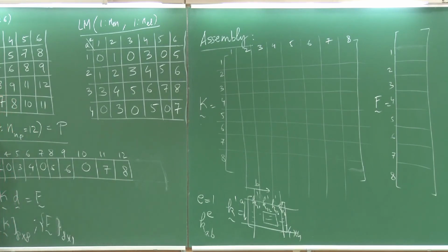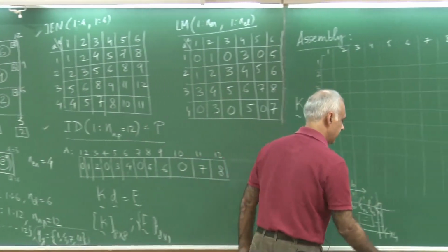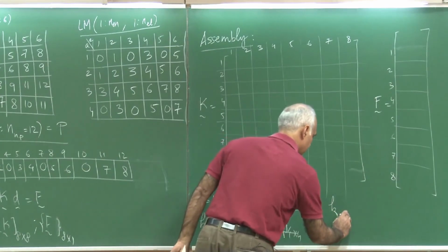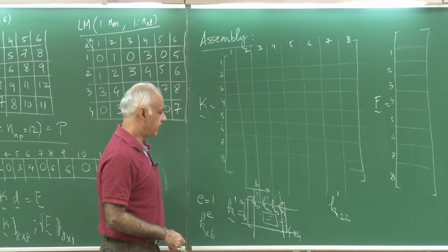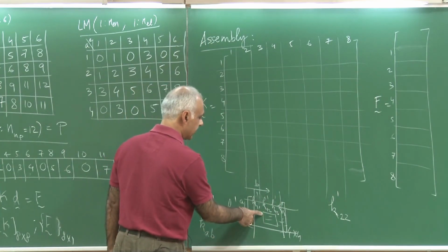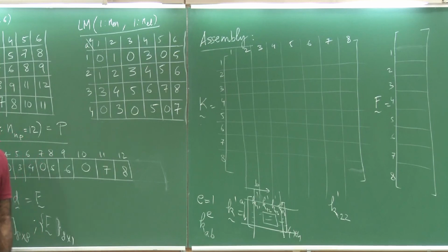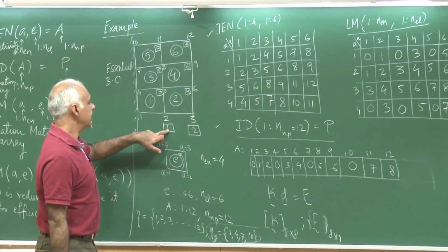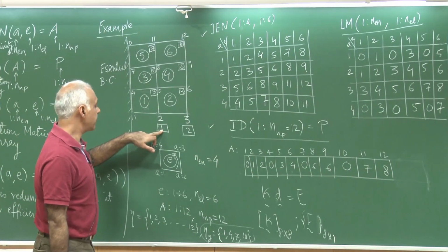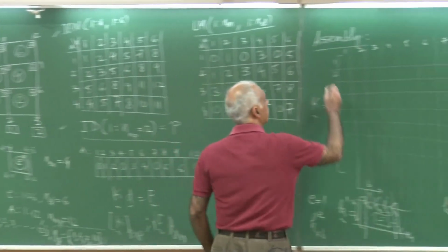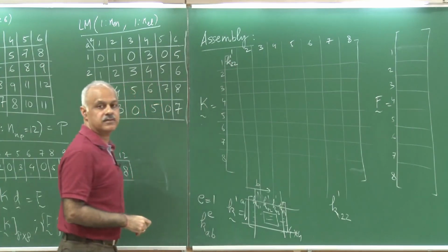And where would that go? Let us take a look. Suppose I am interested in assembling K22 for the first element. That would be this location over here. K22 would go to equation number 1 and column number 1, so first row, first column. This is where K1, 2, 2 would go and add up.